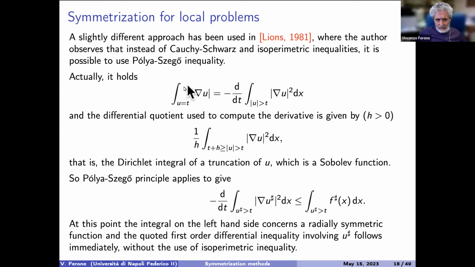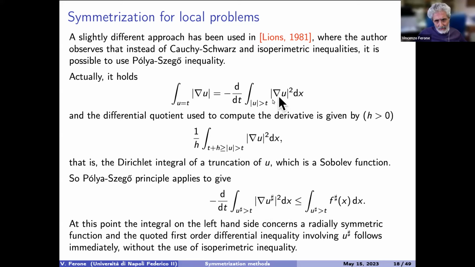And so actually this quantity here is greater or equal than minus d over dt of the integral where u sharp is greater than t of grad u sharp squared. So we have directly this inequality where only u sharp is involved, not anymore u, without using the isoperimetric inequality.